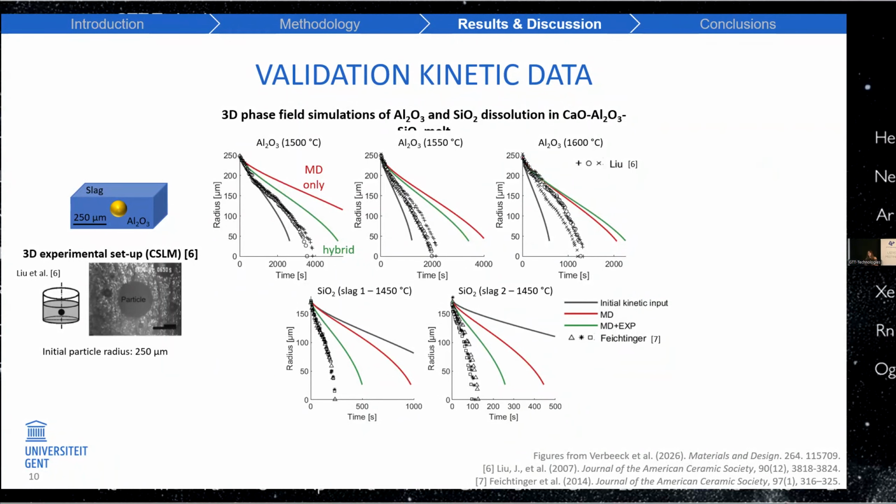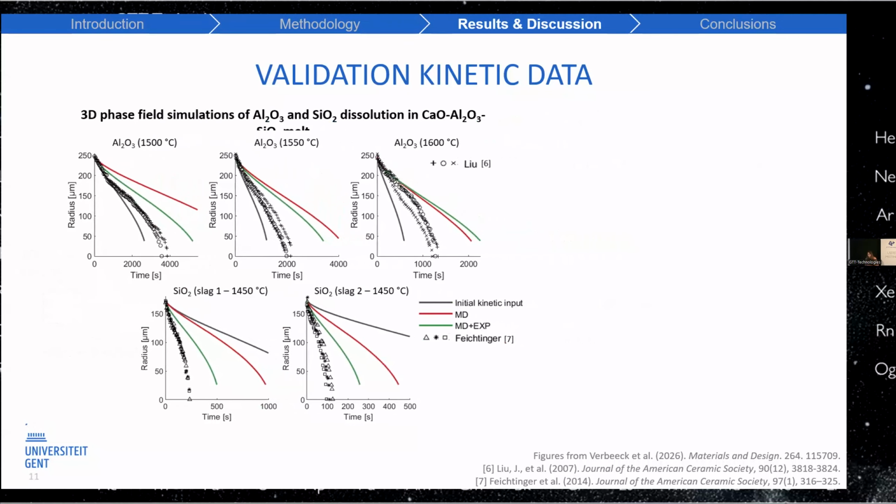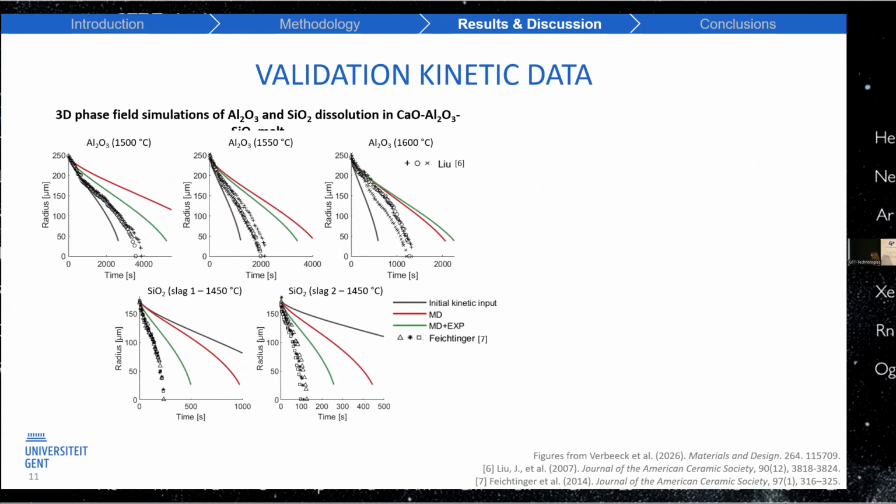Now, what can we actually learn from this, or how do we interpret these results? Well, first of all, it is important to notice that the dissolution time of the experiments is always smaller than the ones that we simulated with our MD-based approaches. Now, I think it's important to acknowledge how difficult it is to perform high-temperature experiments. It's impossible to do purely diffusion-controlled dissolution experiments because there will always be some kind of convection.